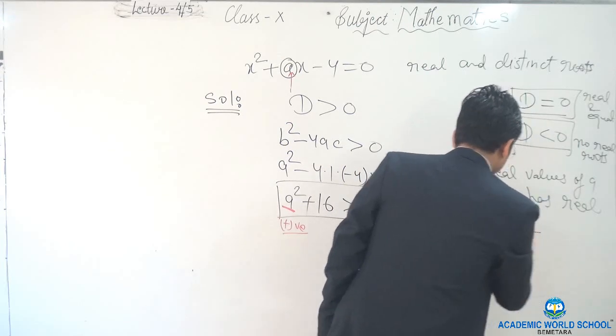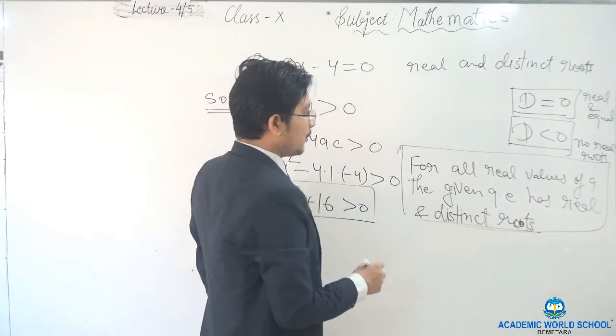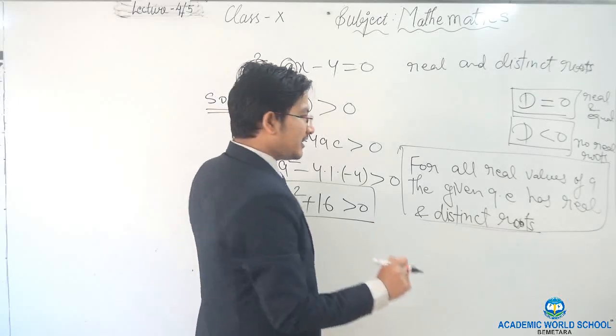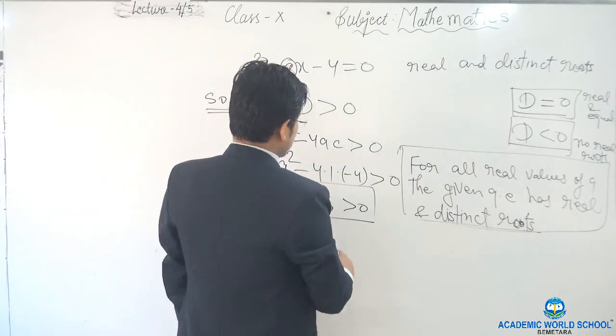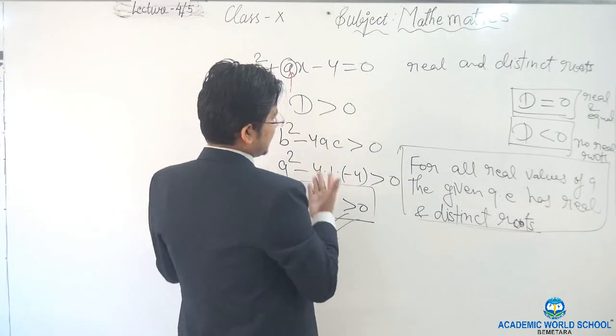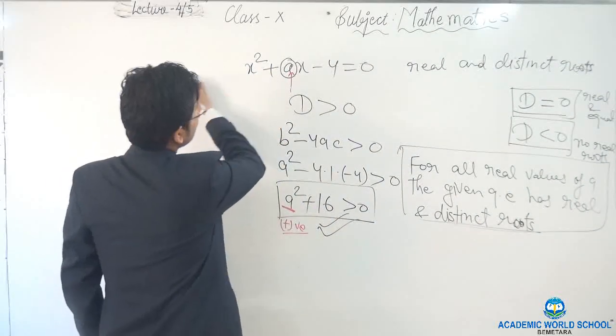Okay, real and distinct roots. For all real values of a, whatever value of a you take, just take any real value, this is always true. Okay, so this is another type of problem. Now, next.